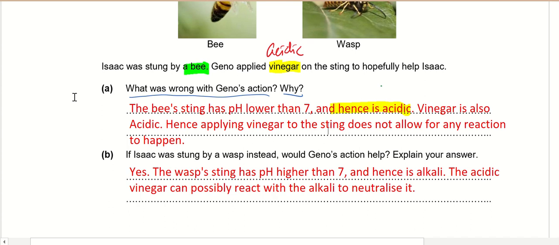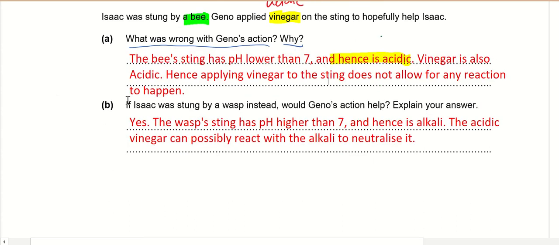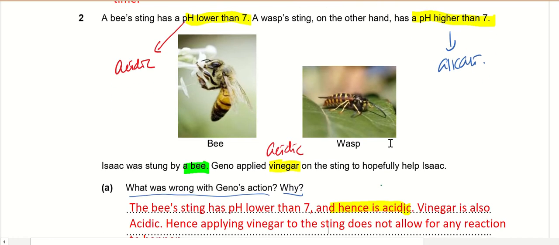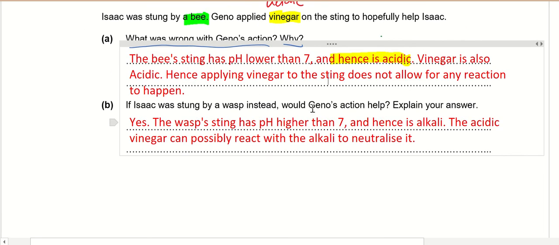Next, if Isaac was instead stung by wasps, remember a wasp sting is alkaline. So would this action help? Yes, of course it would help because it's the opposite of a bee sting. A wasp sting is alkaline, so it would possibly react with the vinegar, which is acidic.